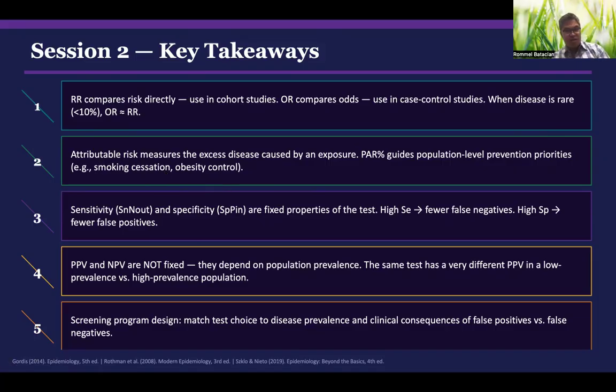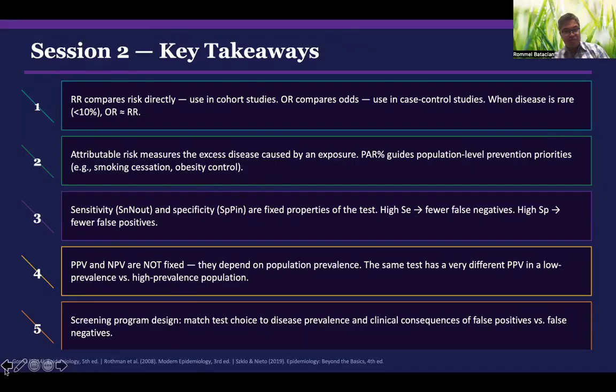The sensitivity and specificity are fixed properties of the test. Higher sensitivity means fewer false negatives, and higher specificity means fewer false positives. Positive predictive value and negative predictive value are not fixed, and they depend on population prevalence.